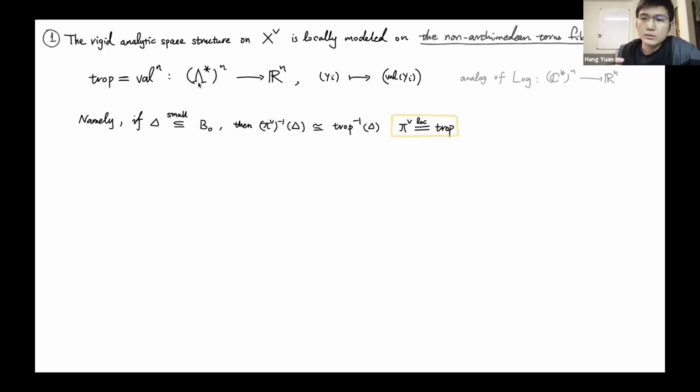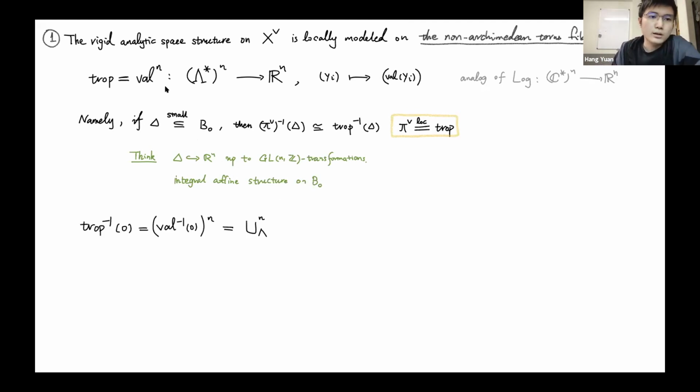In other words, the mirror analytic space X check satisfies the following property: if you have some small domain in the base, then the dual fibration over this small domain is just this non-Archimedean torus fibration restricted over this small domain. Here you should think of this small domain as a subset of R^n up to GL(n,Z) transformation, because we have a natural integral affine structure on the base manifold because of the Arnold-Liouville theorem.